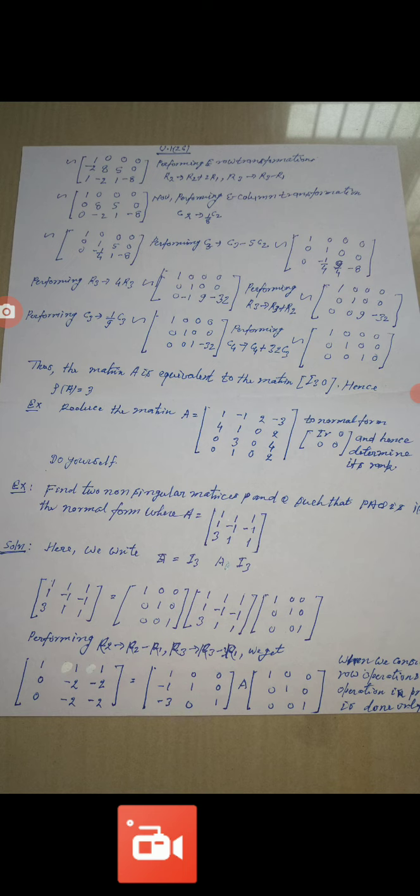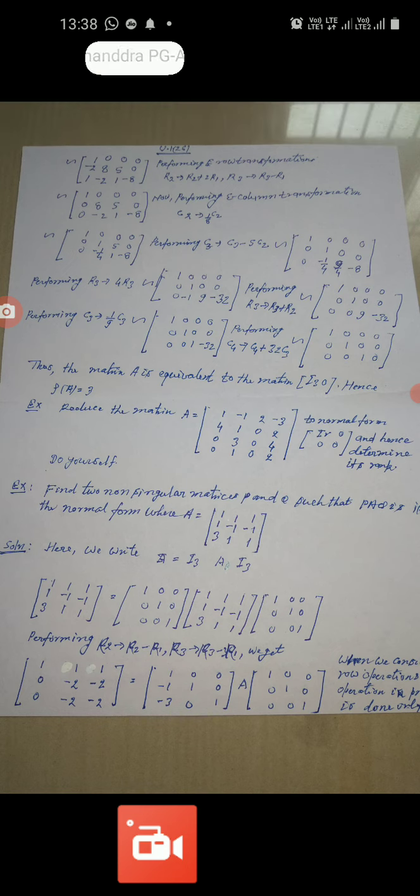Now one more example. Reduce the matrix A equal to, row-wise, first row 1 minus 1 2 minus 3, second row 4 1 0 2, third row 0 3 0 4, and fourth row 0 1 0 2.